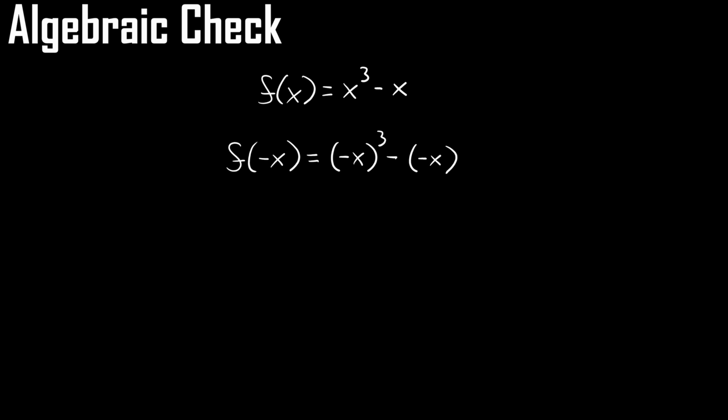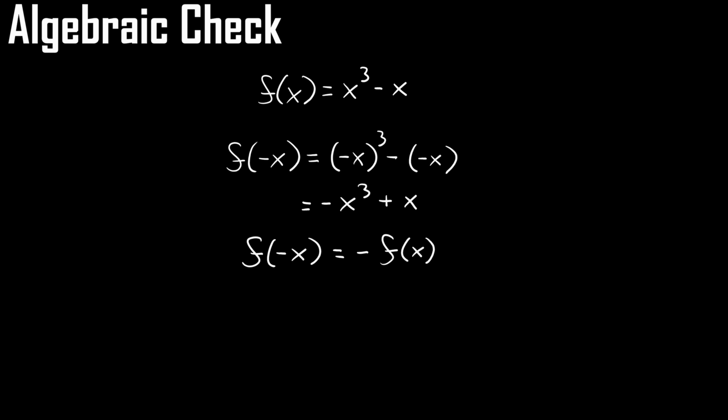When we simplify this, we're going to get negative x cubed plus x. So if we remember our definition for an odd function, it is f of negative x equals negative f of x.